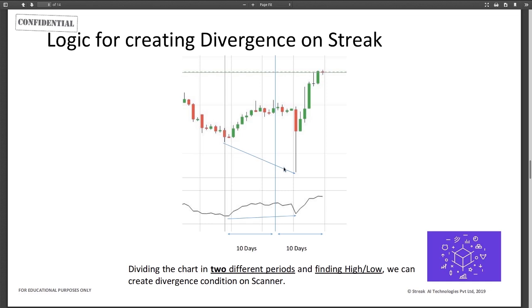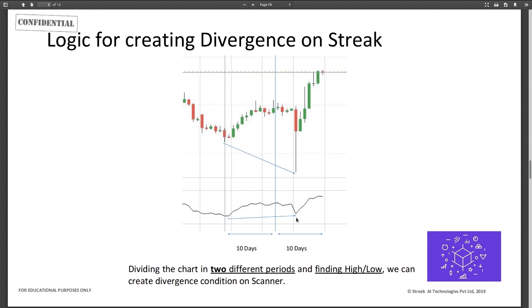So if you connect these 2 points in the chart, like how I showed for a weekly chart on the Kite website, you basically get a line. Now if you do the exact same thing, connecting those points for the indicator as well, you get another line. Now if those lines are not showcasing the same trend, that's a divergence.